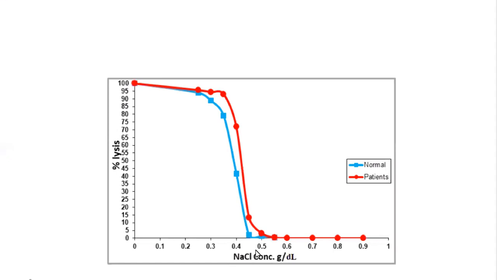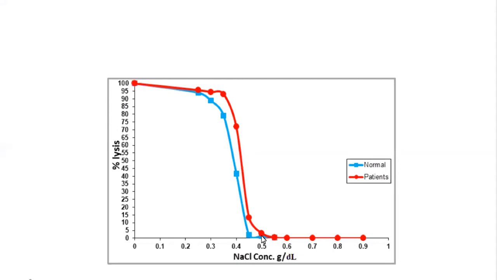So you can see here the patient's blood. This is an osmotic fragility test in a graphic way, right? You can see that the concentration is lowered to below 0.5. So 0.9 is normal saline, no hemolysis, right? No one will hemolyze in normal saline.